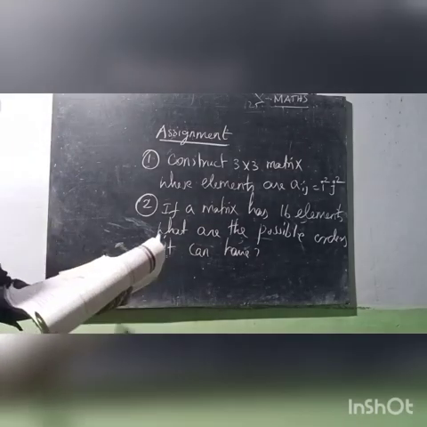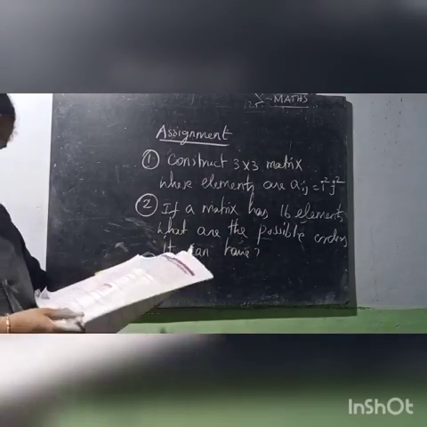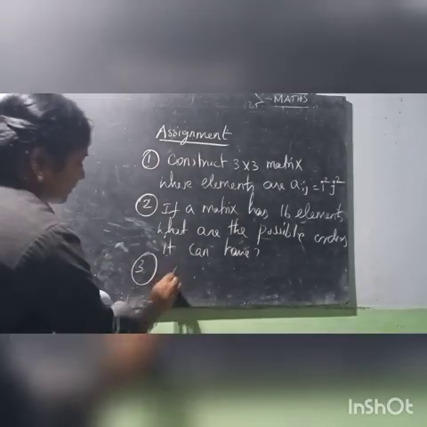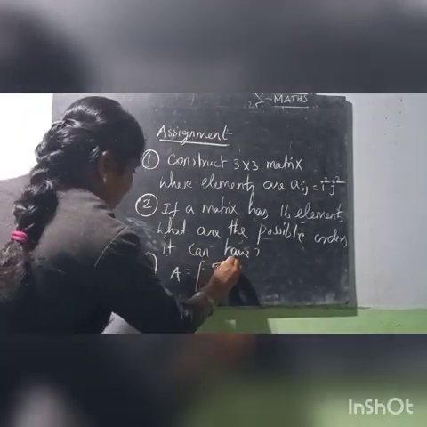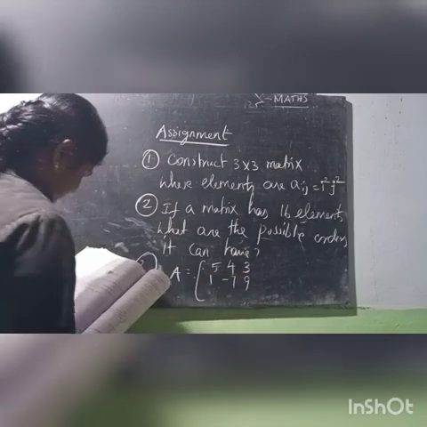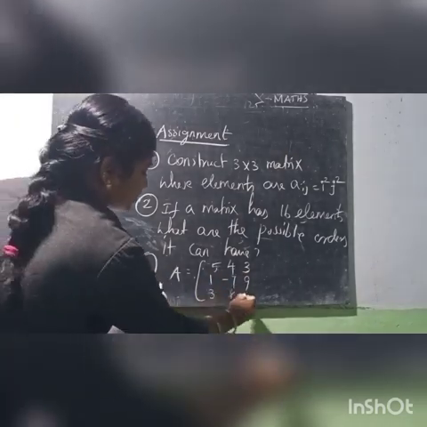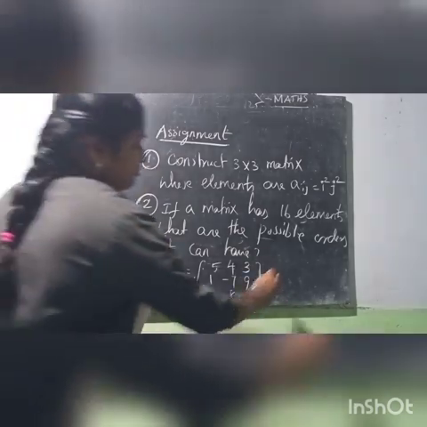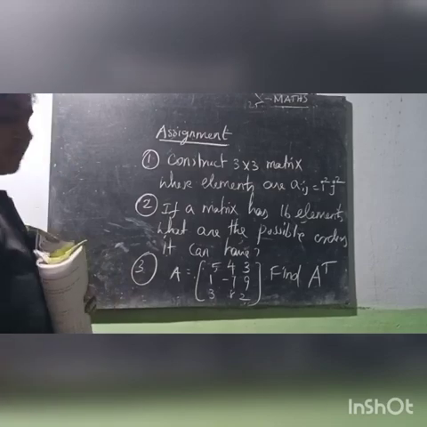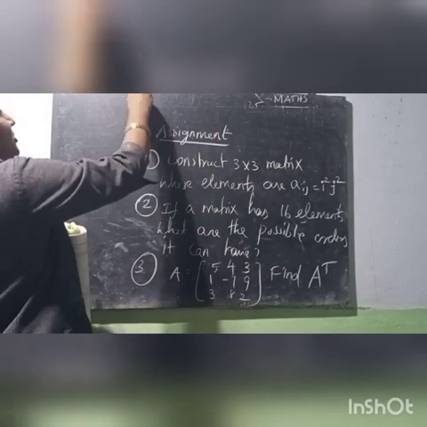Then third sum: A equal to [5 4 3; 1 minus 7 9; 3 8 2]. Find A transpose.